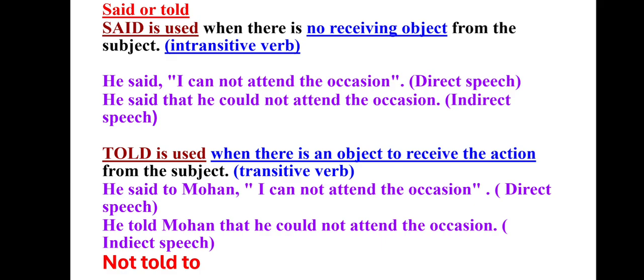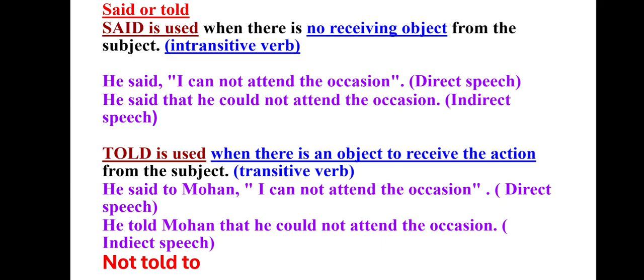You just remember that when the verb is intransitive, you know the difference between intransitive and transitive. When action transfers to another noun or pronoun or object, it is called a transitive verb.